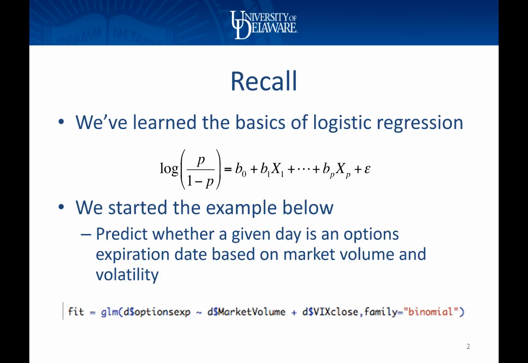We only have a binary response variable with only zeros and ones as possible outcomes, so we can't use a standard linear regression model. You'll also see on the right-hand side of that code, we need to specify family equals binomial. This says, please use a logistic regression. And then we ask for a summary of our model.